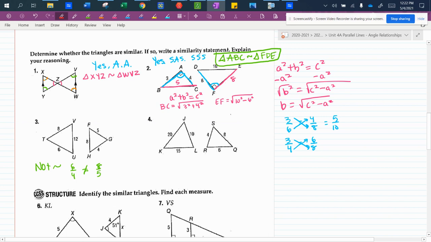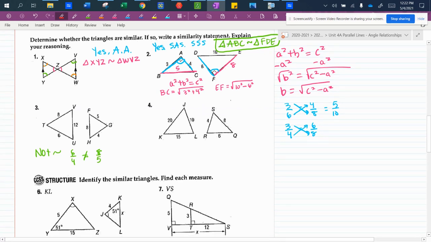Now for 4, this is one where we're kind of reviewing unit 1 as well, because I have to visualize that this is a line of reflection right here. So if I flip this triangle, that's how it's going to match up with itself. So I have 10, 15, 20, that's corresponding with 4, because if I flip it, then 4 is on this side. 4/6, because the base, over 8.